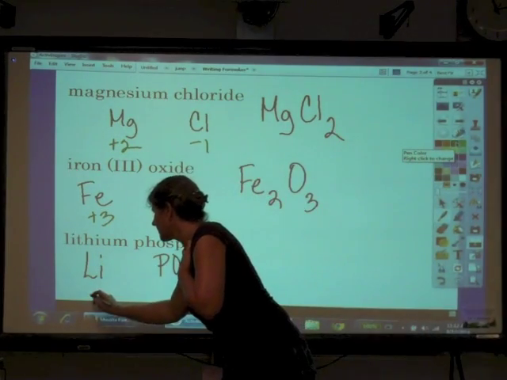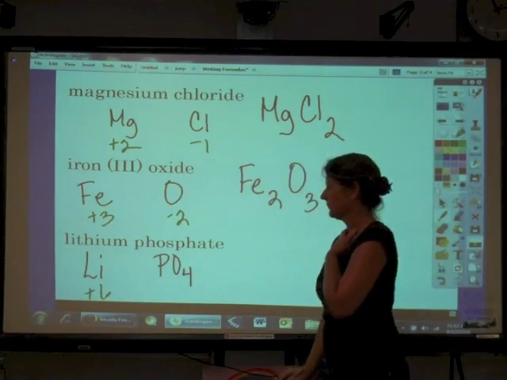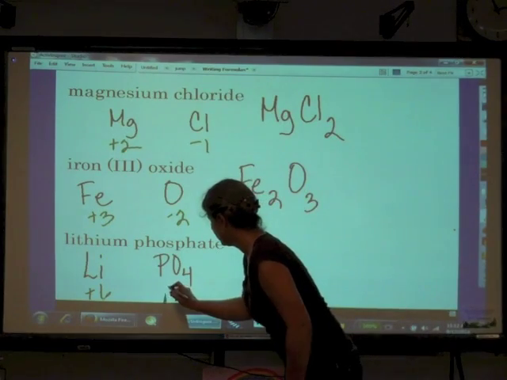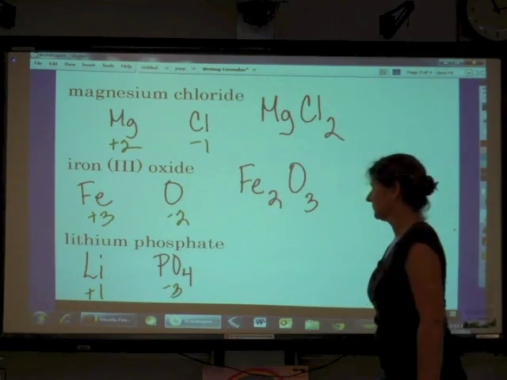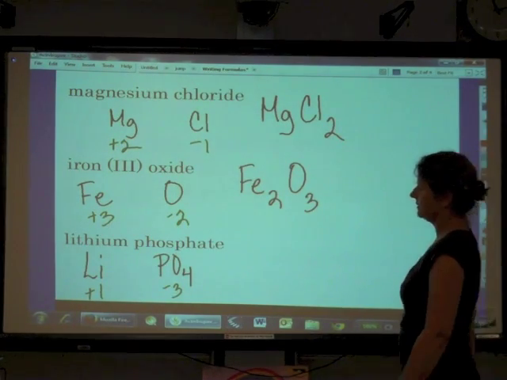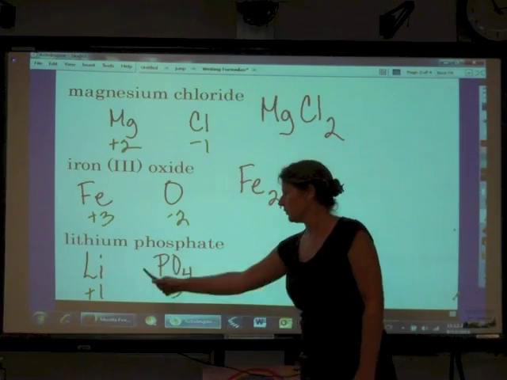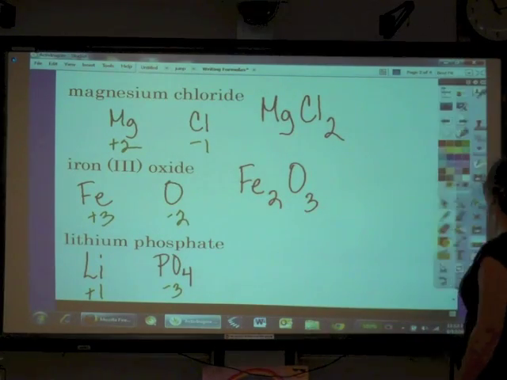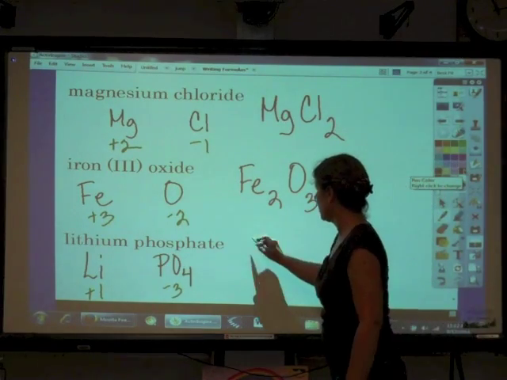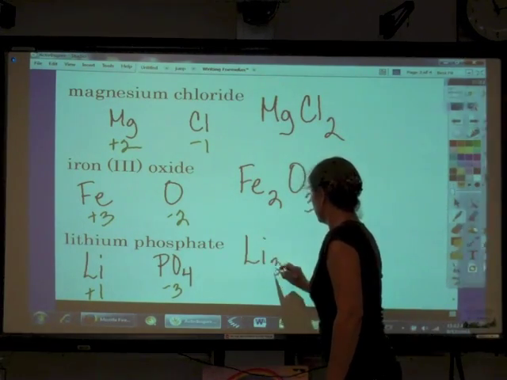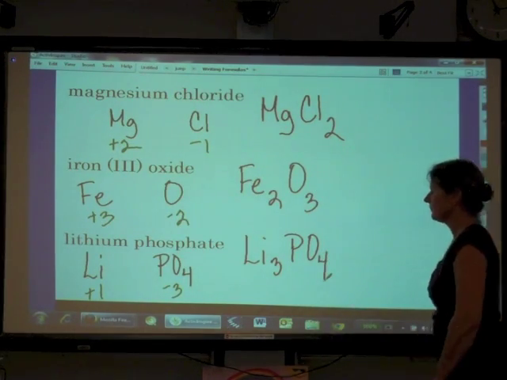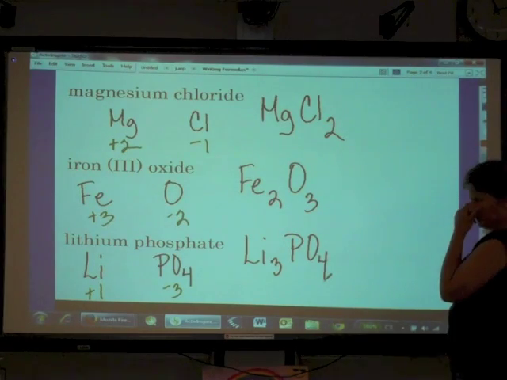Lithium off the periodic table is positive 1. Phosphate off of your ion cards that you have memorized is negative 3. So how many lithiums do we need to completely balance this phosphate? We need 3 of them. So it is going to look like Li3PO4, phosphate.